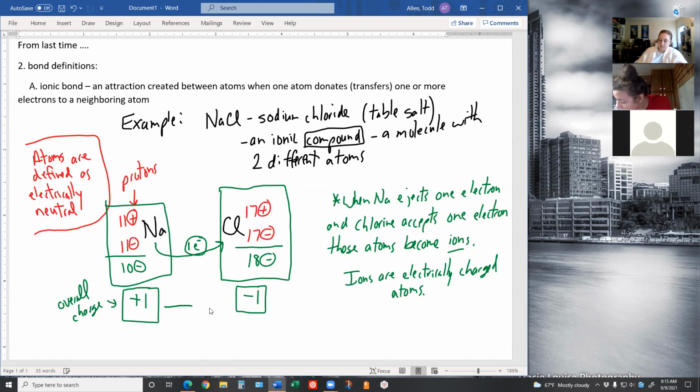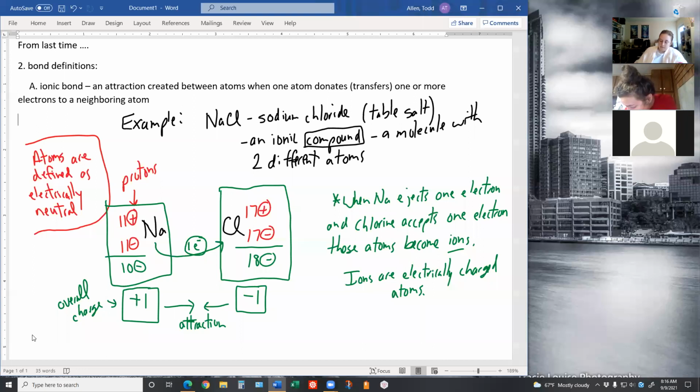So when these atoms take on an electric charge, when they become ions, this is the foundation for the formation of the attraction that pulls the two atoms together to form a molecule, which is sodium chloride.